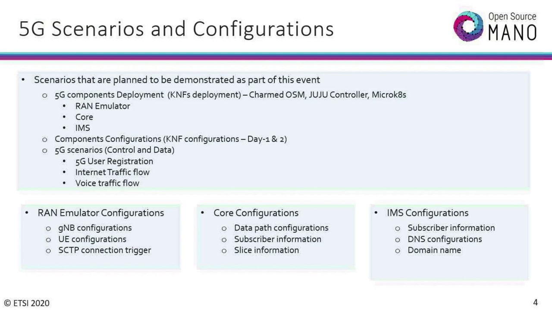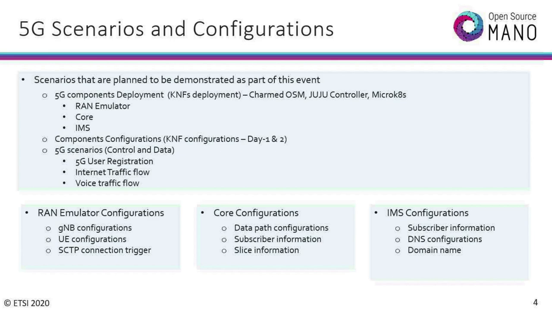With respect to configurations, for the RAN we need the gNB configurations like the tracking area code, PLMN ID, and eNodeB identifier. All these configurations are made through this Charmed framework.